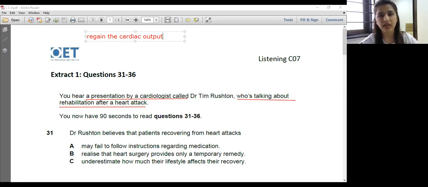And ultimately, yes, it would also help to prevent further heart attacks because the patient is exercising. So the other benefits would definitely include prevention of further heart attacks if they continue with it for a longer period of time.